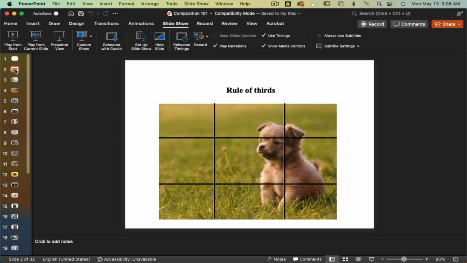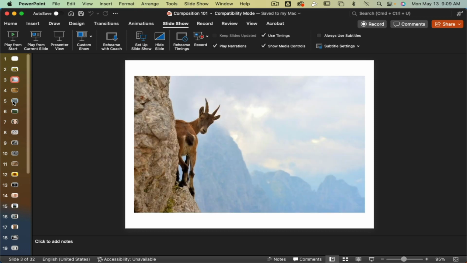But rule of thirds. Okay, this is where you line up whatever your subject is in the foreground on one of these grid lines right here. So either on the center ones, vertically or horizontally like that. It's a way that you can have that figure kind of stand out. It helps draw the eye to a certain spot if you do it this way.